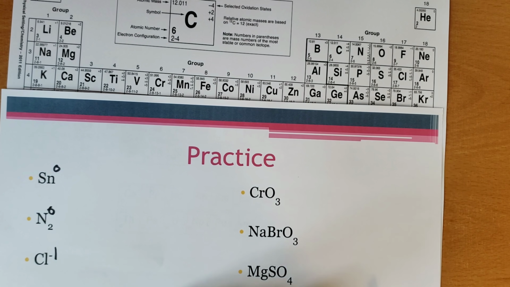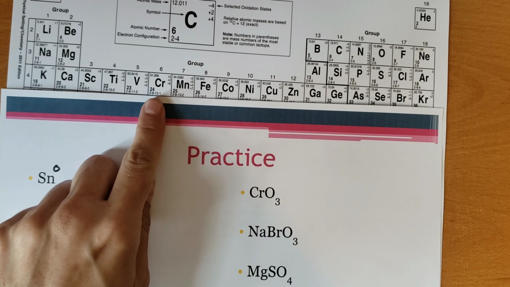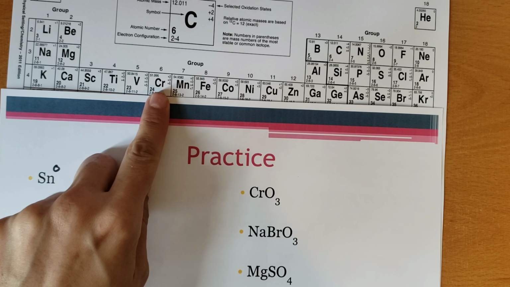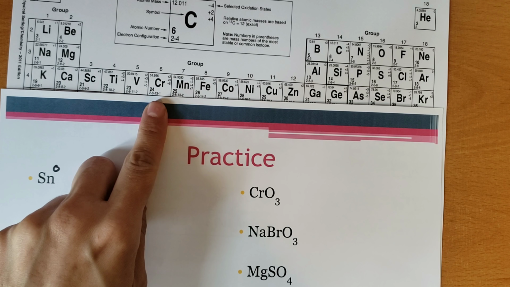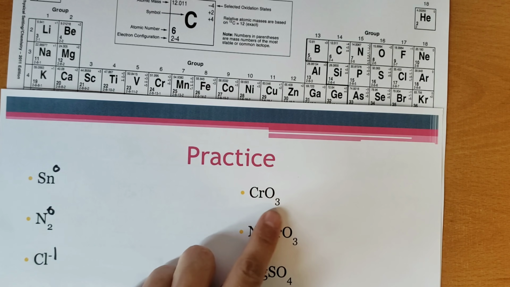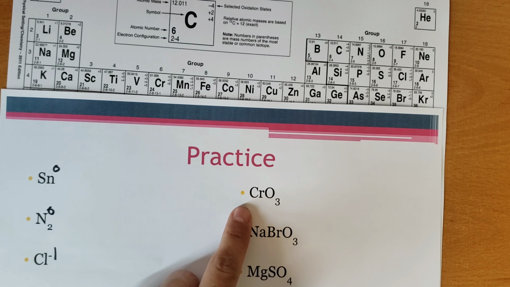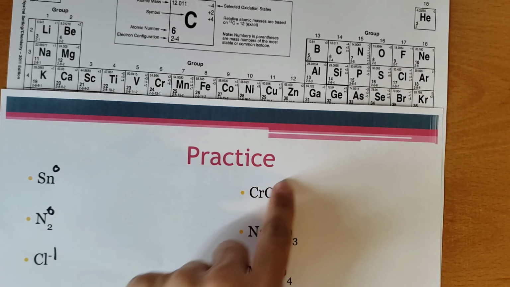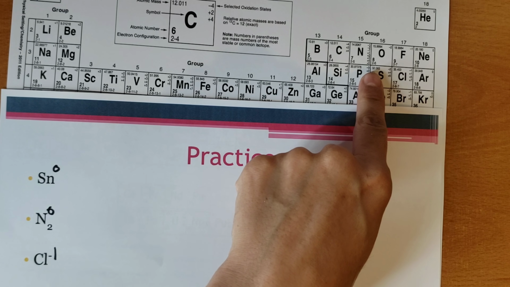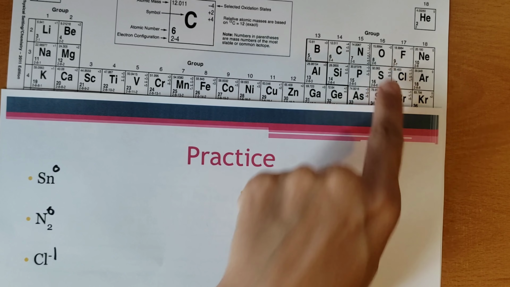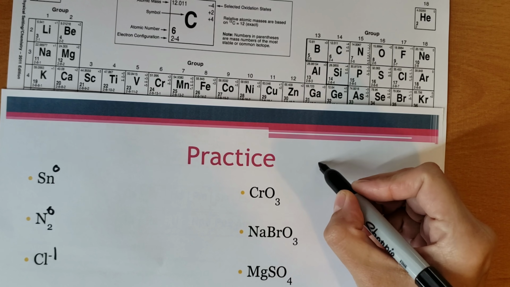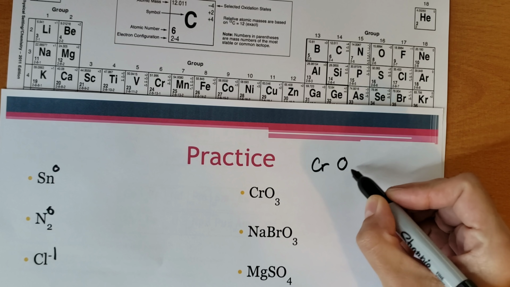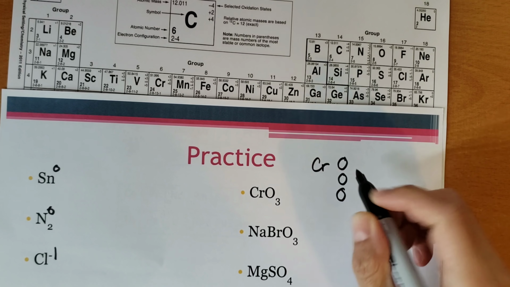Let's look at chromium oxide. Chromium, element number 24, has 3 oxidation states, +2, +3, and +6. So we don't know which oxidation state chromium has here, but when we look at its partner oxygen, in a bond, oxygen only has the oxidation state of -2. Now chromium oxide is 1 chromium and 3 oxygen atoms.